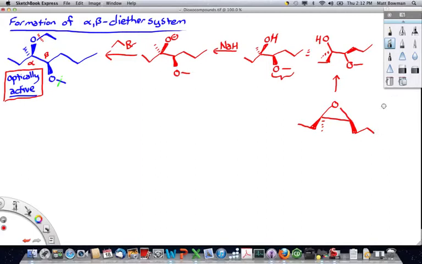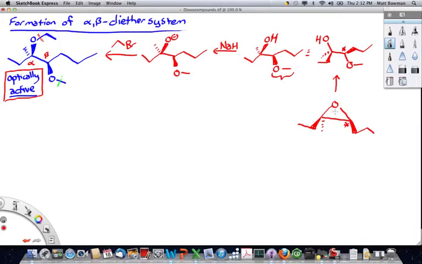Now, even though this carbon bears a wedge, and this carbon bears a wedge, an inversion has taken place. Have to keep that in mind, because whatever carbon is attacked ultimately gets inverted.